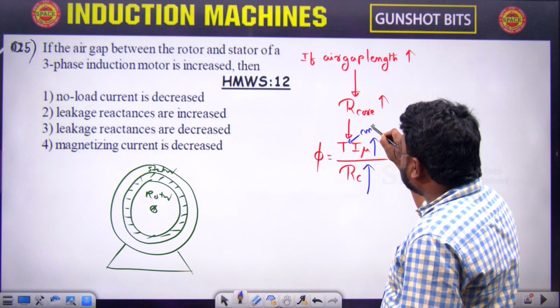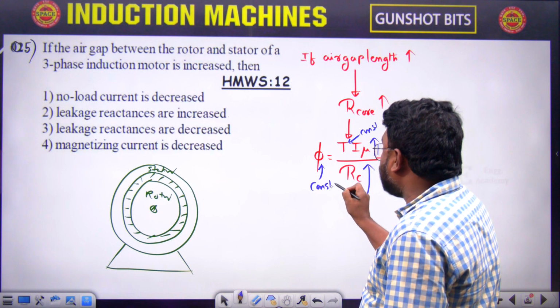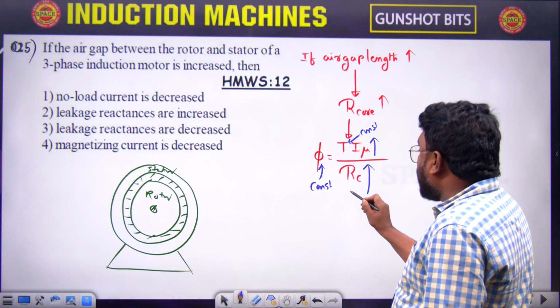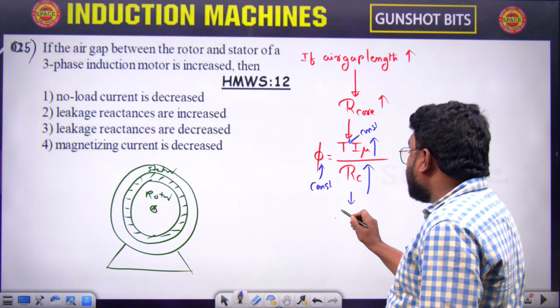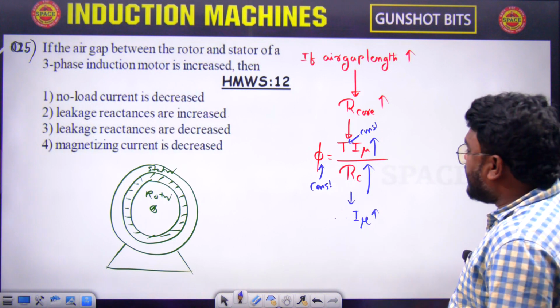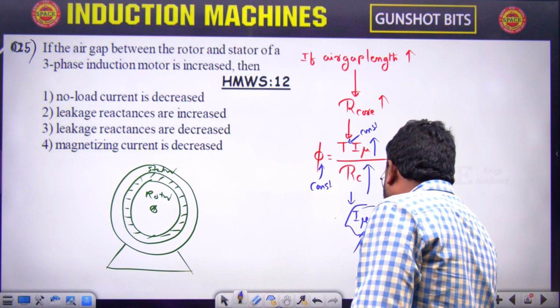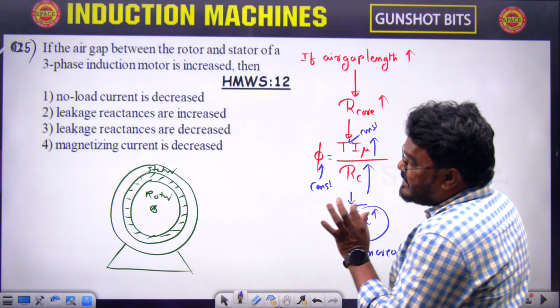The flux is constant, so in order to maintain the flux constant, the motor draws a high magnetizing component of the current. That means the magnetizing current will be increased. This is the one consequence.